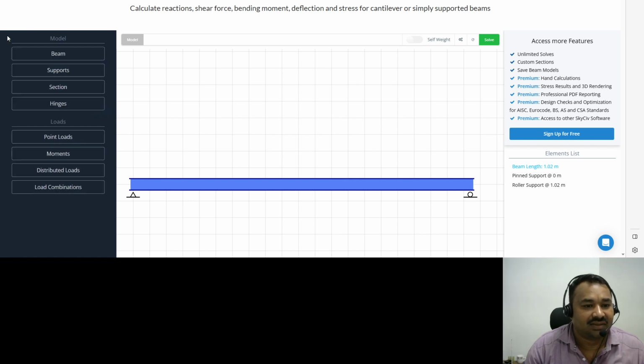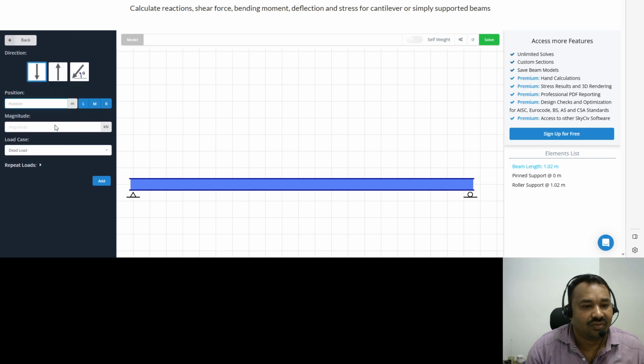And next, the loads we have to represent. So 2 point loads are acting. Suppose we are taking one at a distance of 0.3 meter from the end A, and its magnitude, suppose we are taking 1.5.